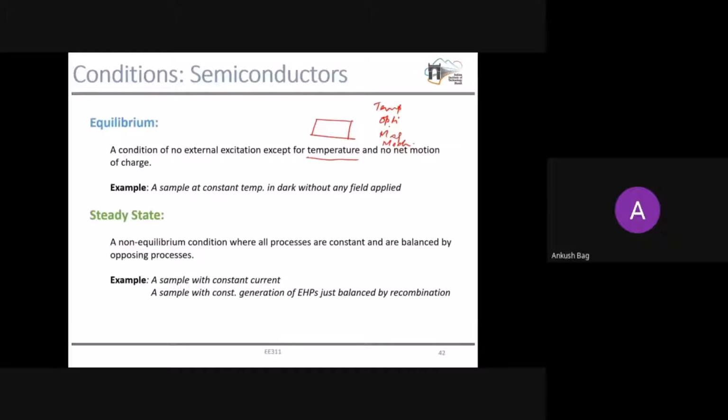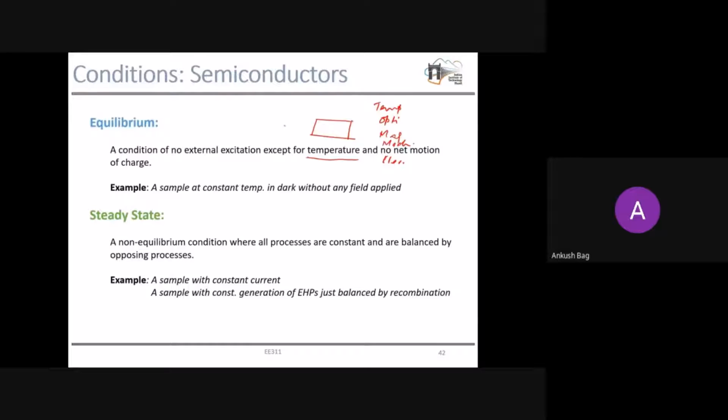Temperature, optical, magnetic, and obviously the electric field. These are the typical external excitations or energy we can consider when discussing semiconductors, because all these will impact your device property as well as your material or semiconductor property.